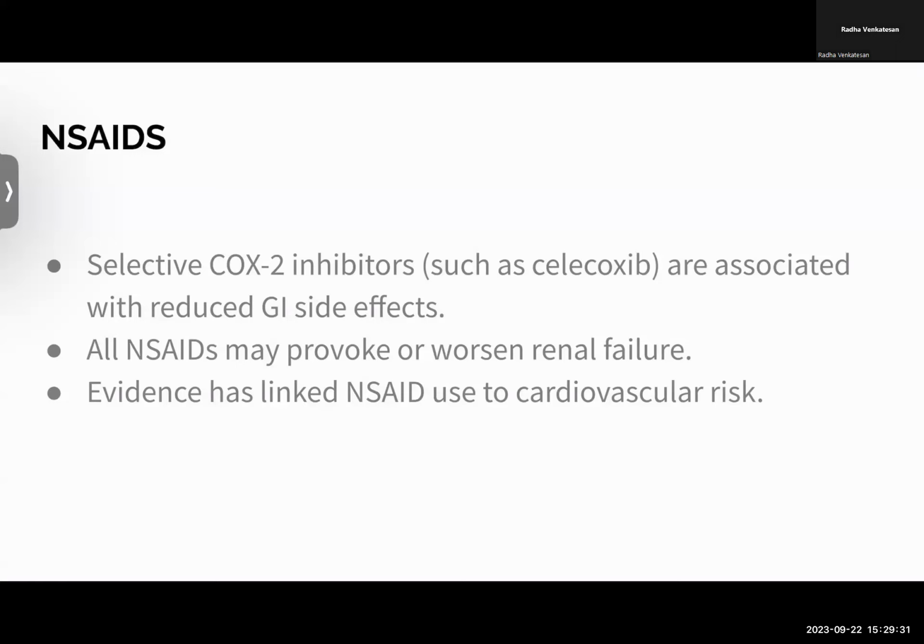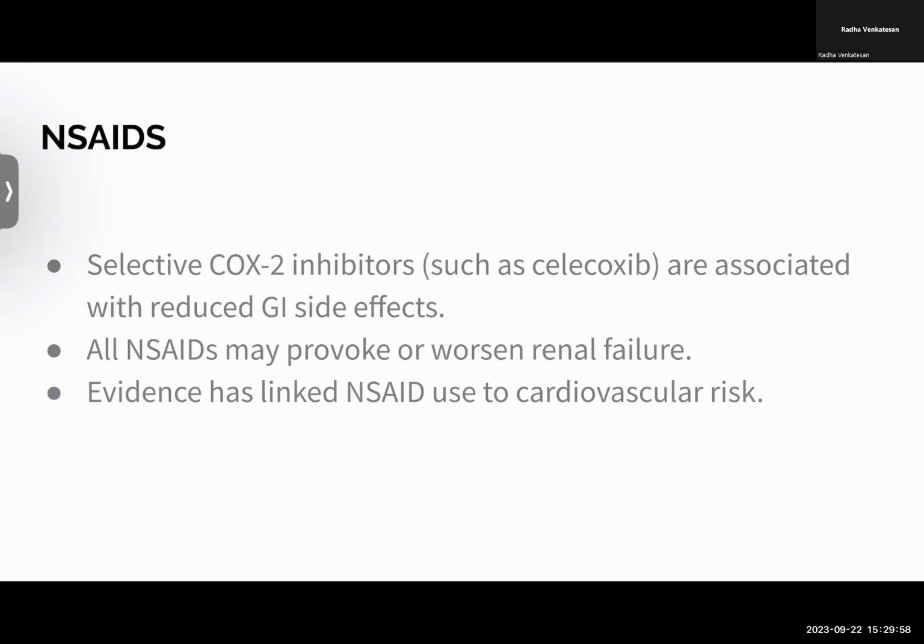Next, all NSAIDs may provoke or worsen renal failure. If someone already has a problem, it will make it worse, and even if someone was totally fine, it can cause renal toxicity. Many studies have also shown NSAIDs can cause cardiovascular risk.